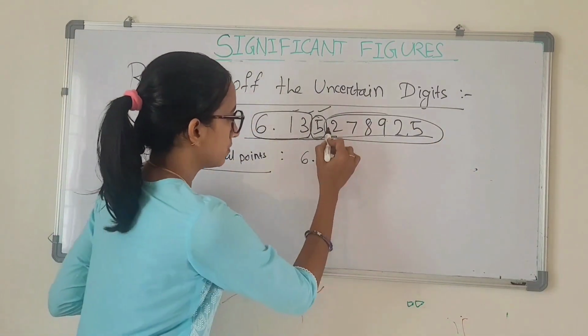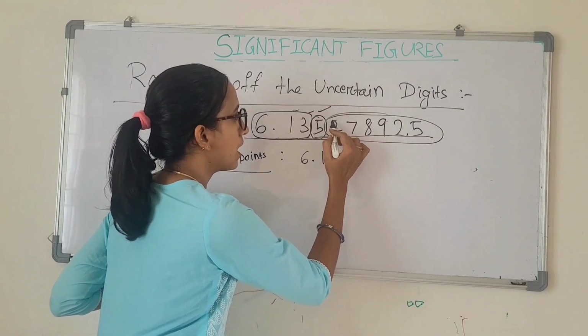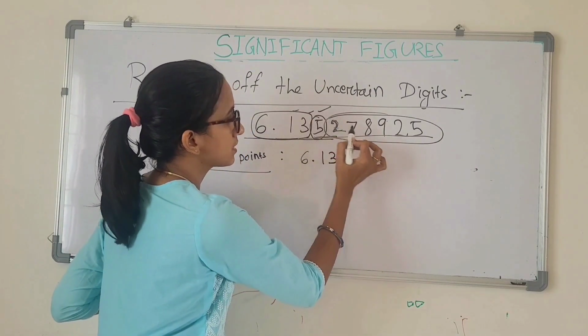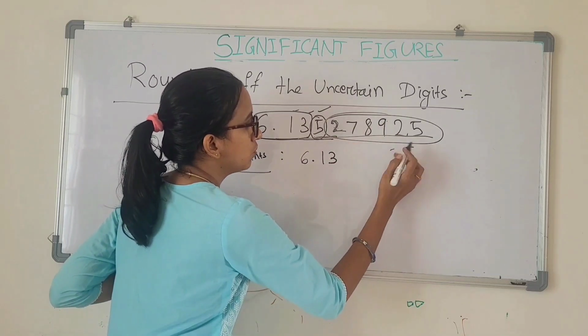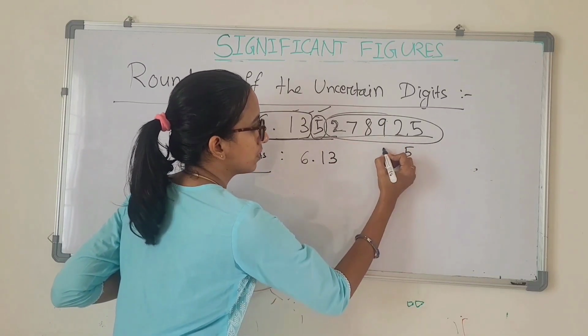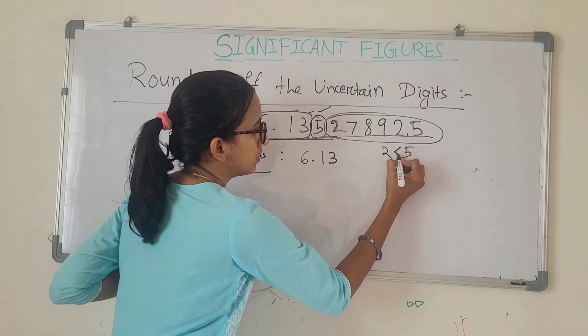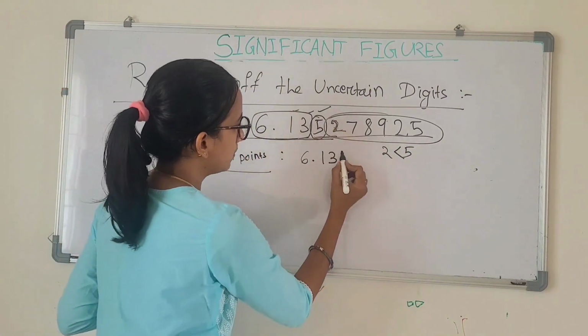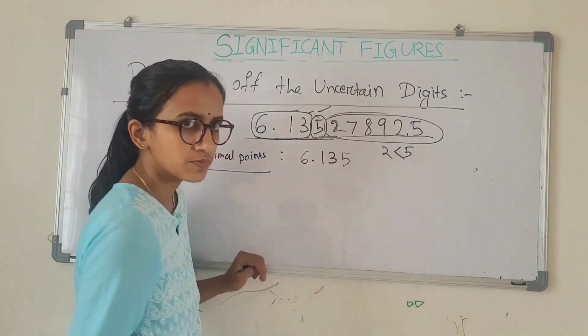If the digit after it is below 5, here 2 is less than 5, so you will write the number as it is.